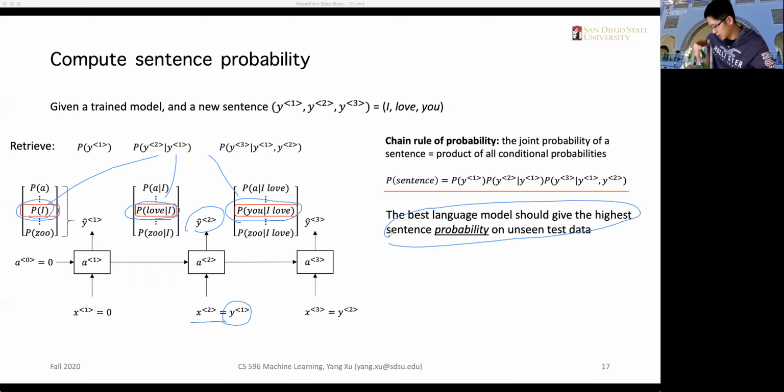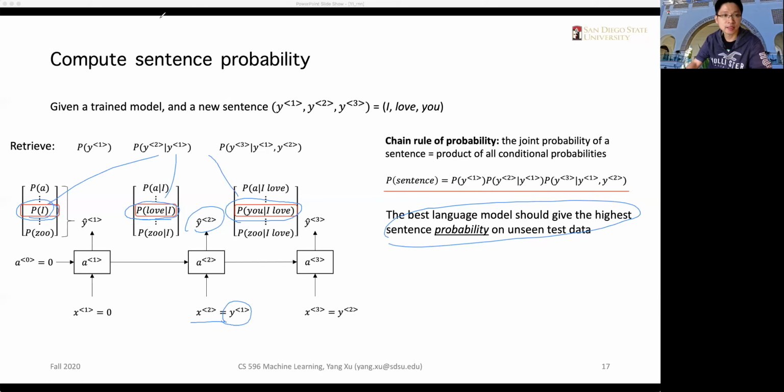Because we can have different language models that have different architectures, parameters, hyperparameters, and also trained on different text data. So when we test a language model, we want it to predict the highest sentence probability, okay?